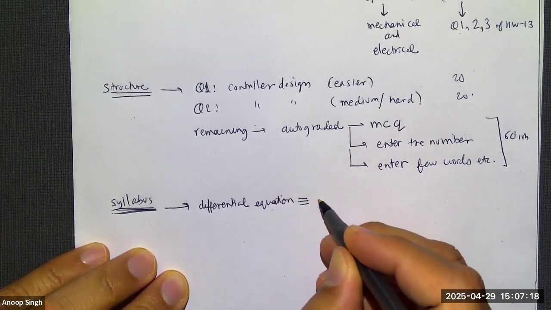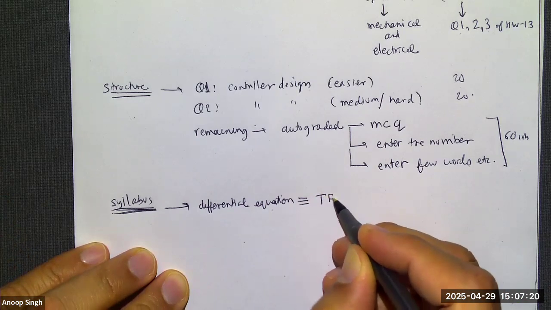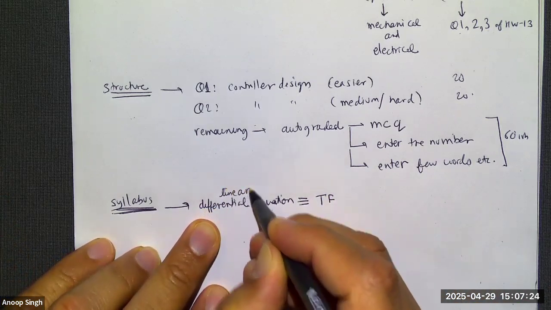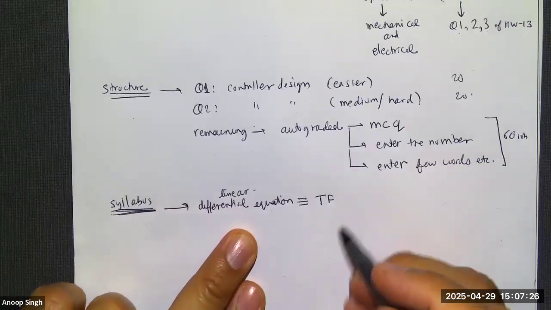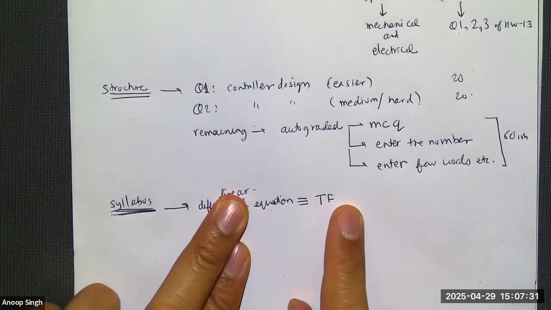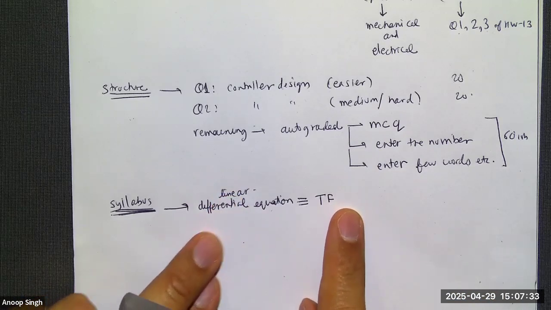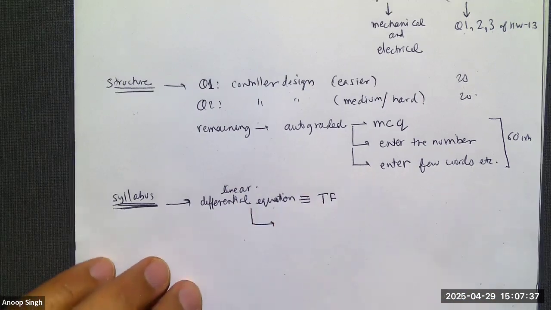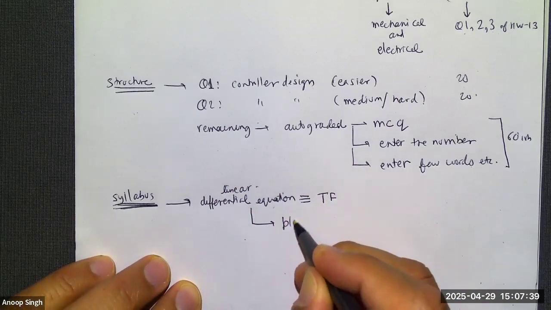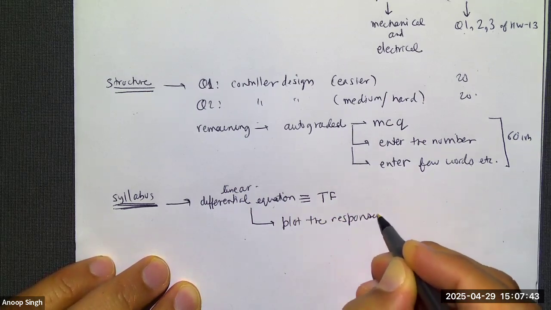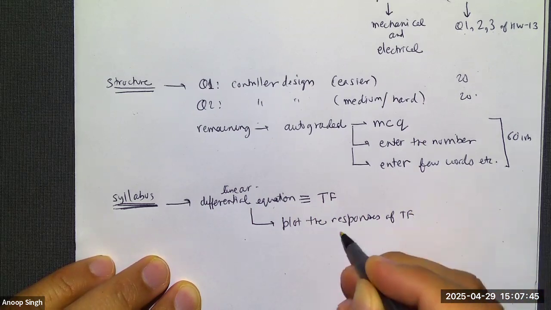The whole control block diagram of a control design system is all just a combination of differential equations. But we don't just do differential equations, we do Laplace, and after Laplacing the linear differential equations, they become transfer functions. So you should be able to go back and forth between transfer function and differential equation really fast. So that was one of the first concepts we learned. And as a subpart of this, we talked about how to plot the responses of transfer functions.